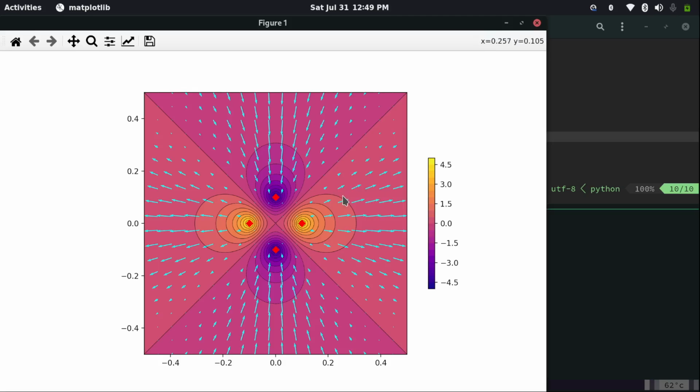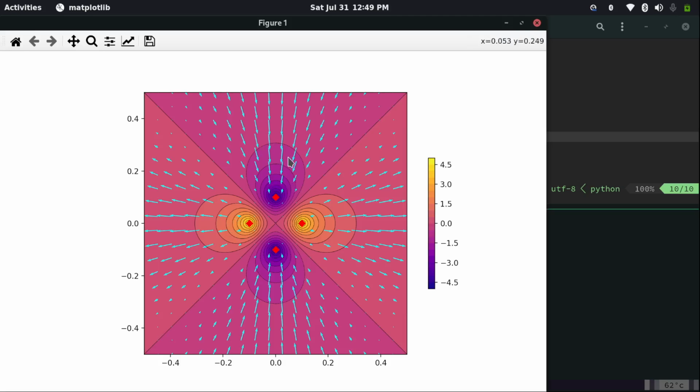And as you go out, the electric field's intensity decreases, right? Because we know the electric field of each charge reduces as 1 by r square. So as we go very outward, we see that the length of the arrow is decreasing. That means that the electric field is also decreasing, and you see along these lines there is no electric field at all, right? Because there is no potential difference, there is no electric field.